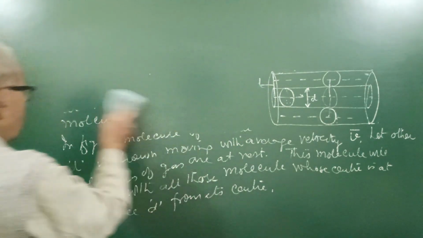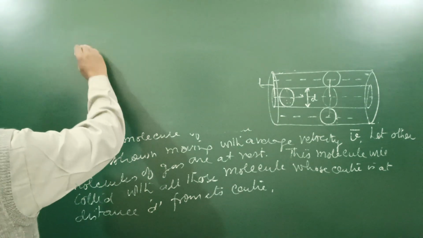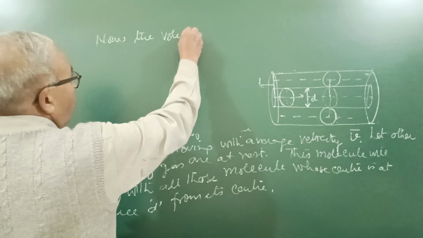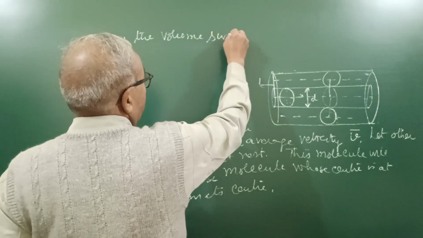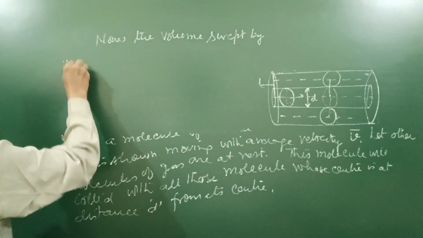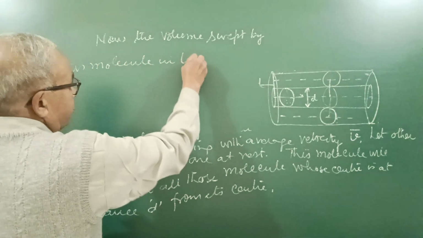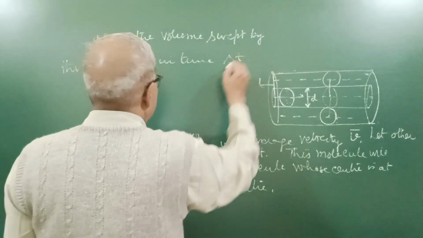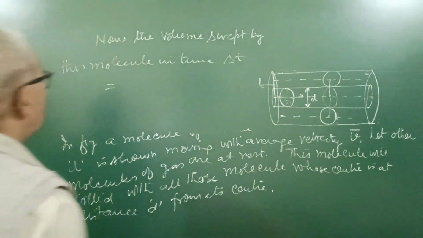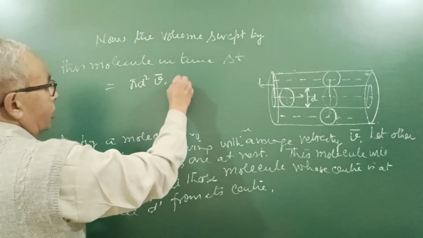So now the volume swept by this molecule in time delta t is equal to pi d square v bar into delta t.